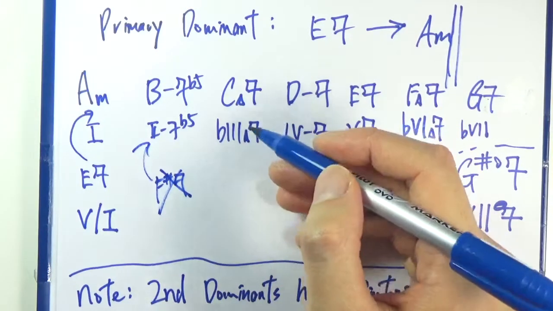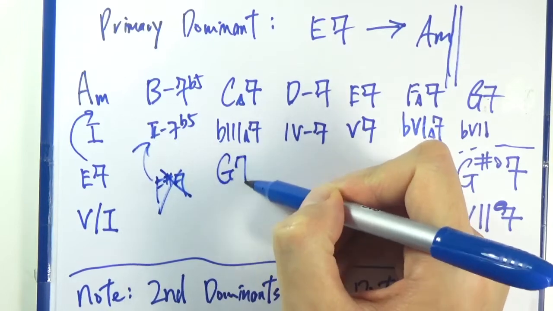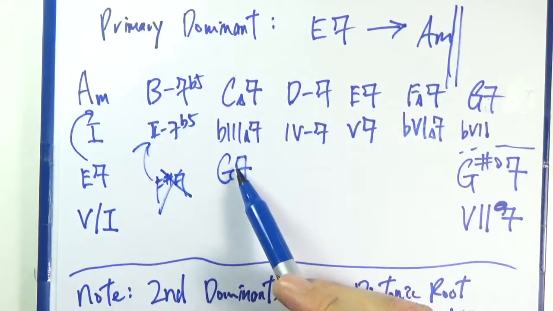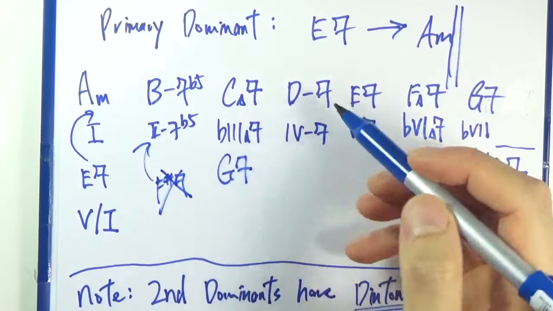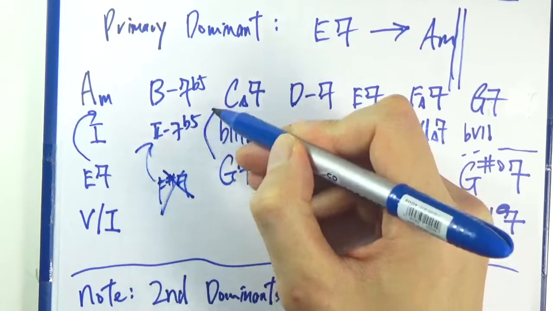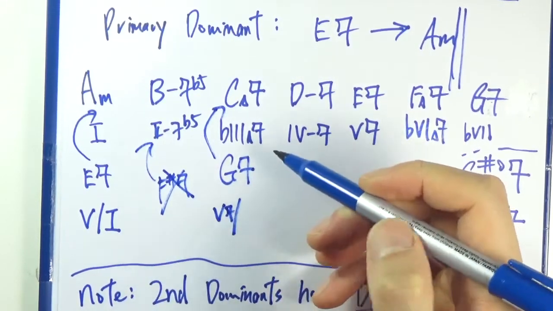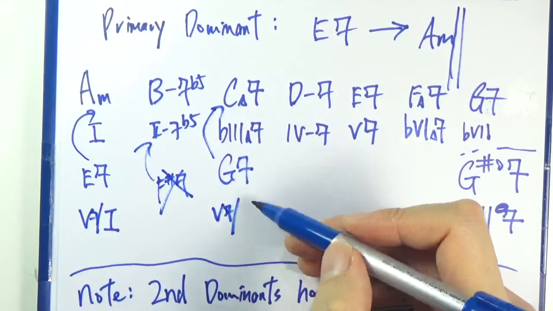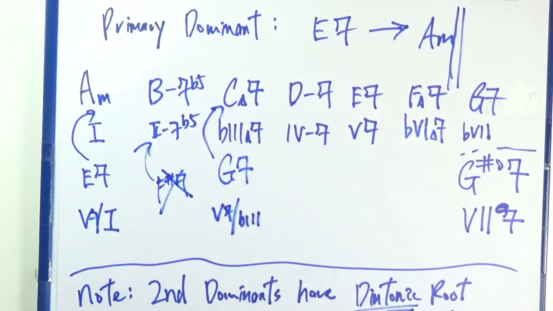Moving on, C major 7th. If we go up a fifth, perfect fifth, we have G7, and G has a diatonic root. All right. So in that case, it would be a 5, 7 of flat 3, since we're in a minor key, all right?